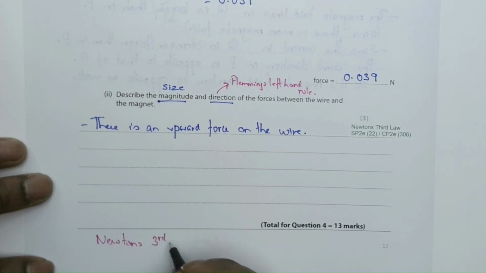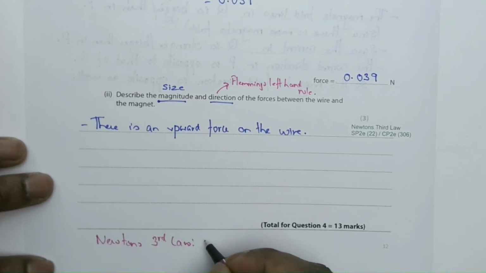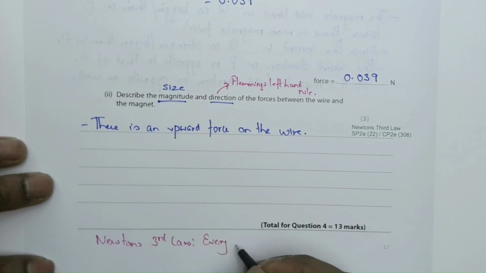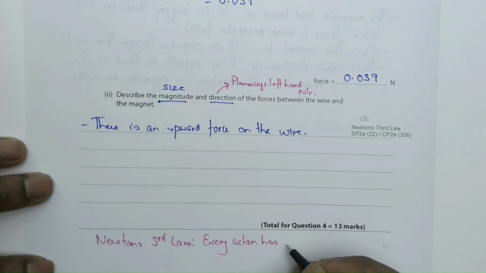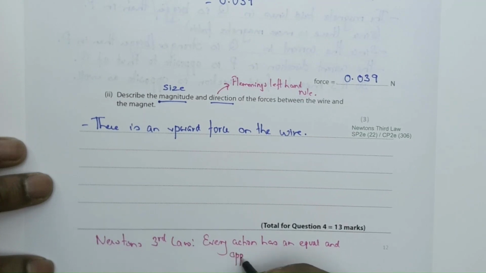Newton's third law, simply put, every action has an equal and opposite reaction. So how do you link this to here?